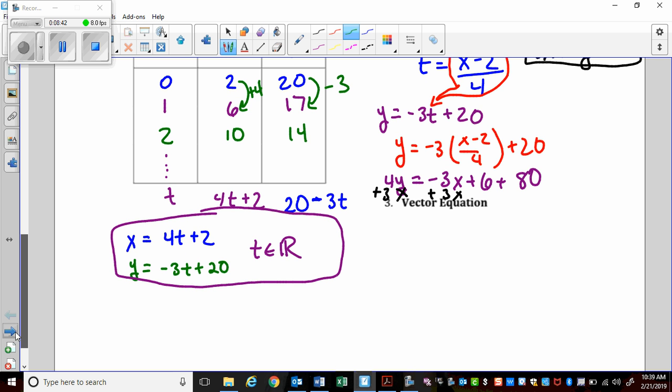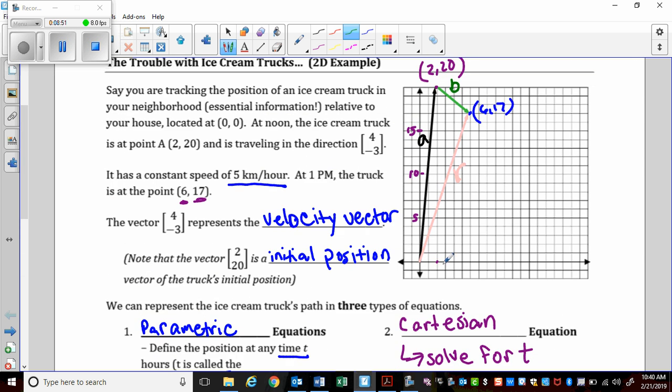Now I can easily make a vector equation. It's going to be vector OR. So this second vector is OA plus AR.